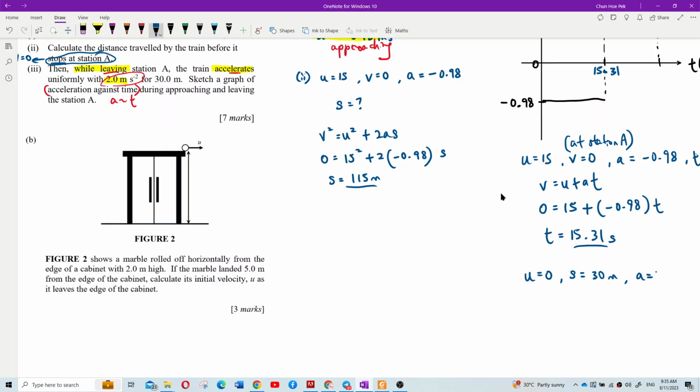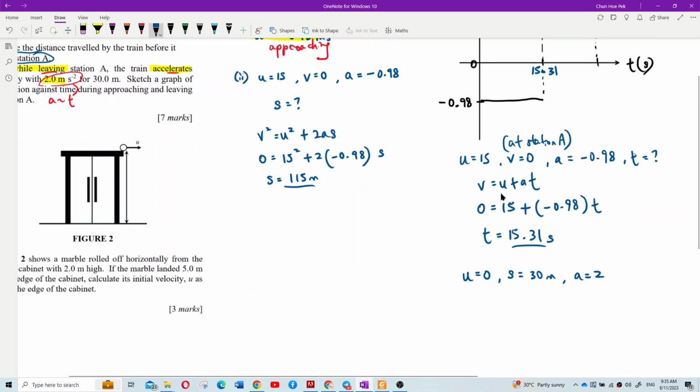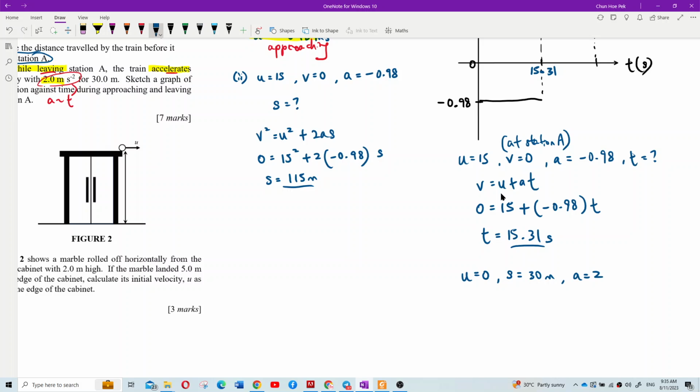Acceleration is 2. Start from zero speed, you go to 30 meter, acceleration 2. So find the time.